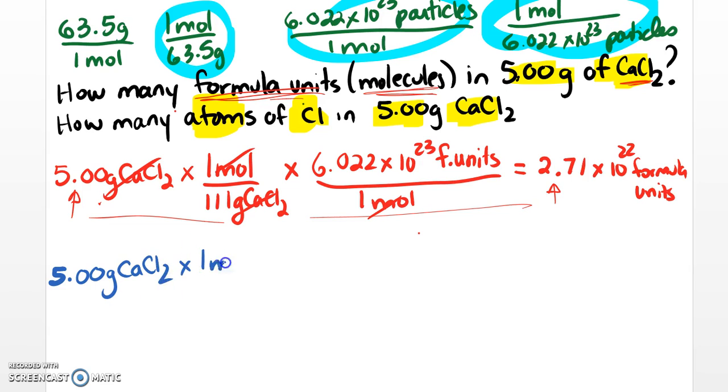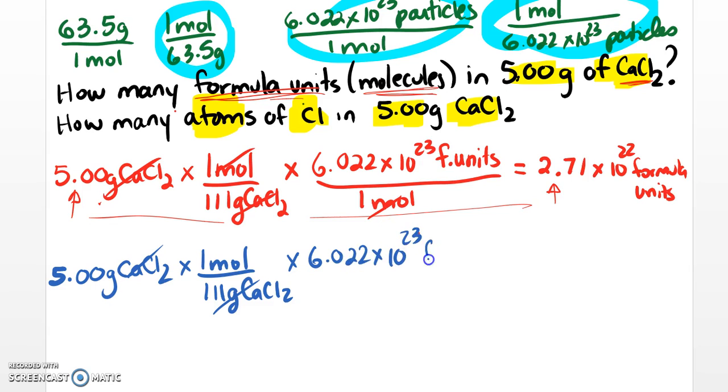You'd convert it to moles by multiplying by 1 mole over 111 grams of calcium chloride. See how these cancel down to moles. And I know there's 6.022 times 10 to the 23 formula units in 1 mole. But we don't want formula units. We want atoms of chlorine.